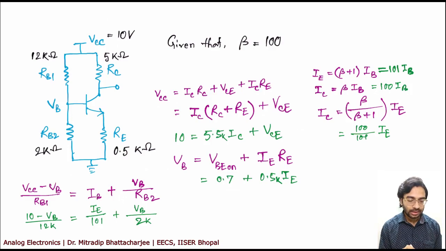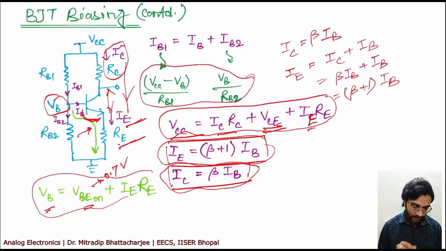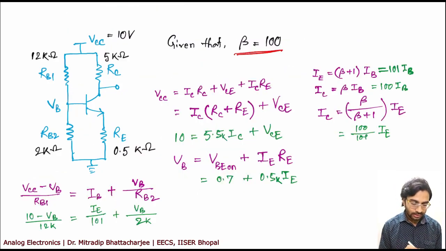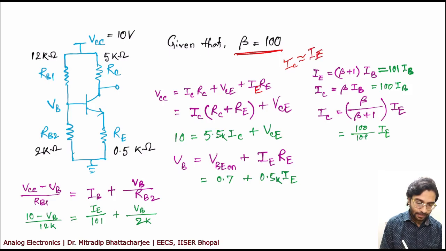VCC is given 10 volt and given that beta is equal to 100. Now your first equation that I have shown here is IC RC plus VCE plus IE RE. However, you can consider IC is almost equal to IE. Why?